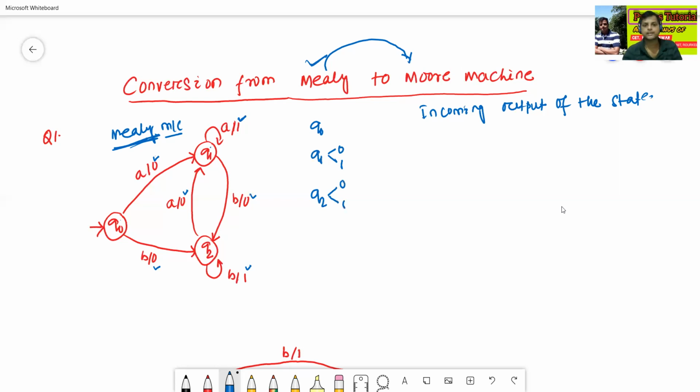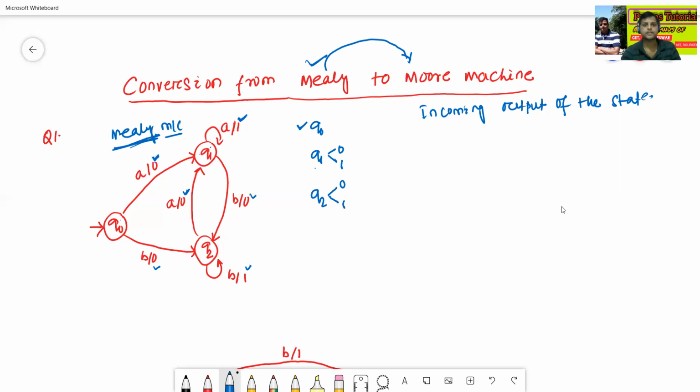For Q0 there are no incoming outputs. For Q1 there are two different incoming outputs, one is 0, one is 1.